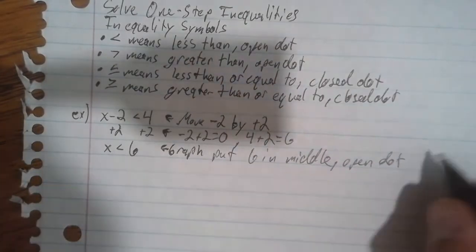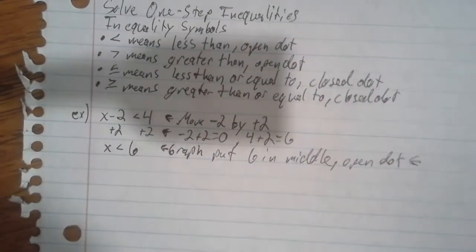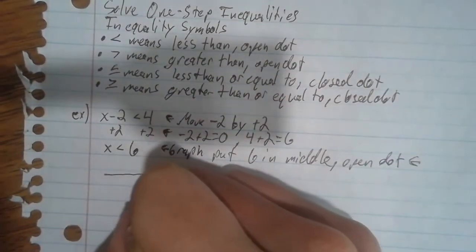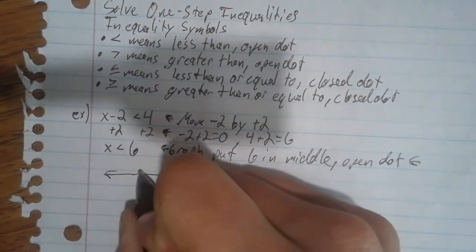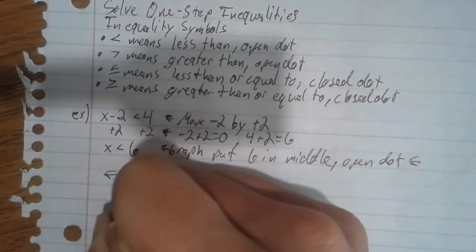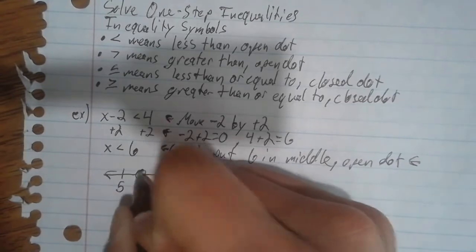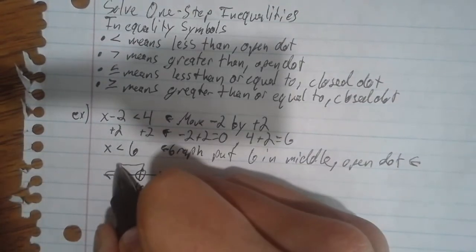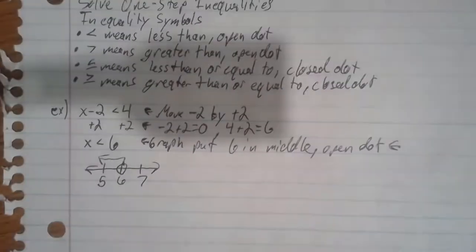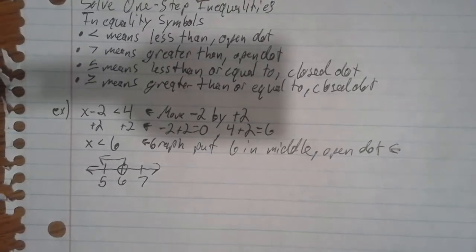And since it's less than, our arrow is going to point less than 6. So we get our number line. 6 is in the middle, 7, 5, open dot. Our arrow goes less than 6. So that's straightforward. That's the simplest that they're going to look.